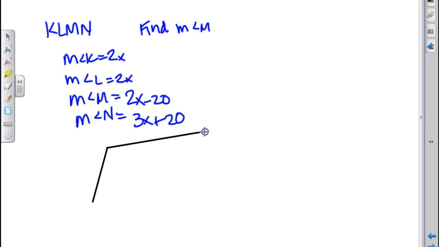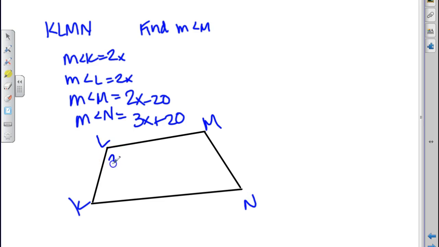You guys know I'm going to draw a picture, right? Random quadrilateral. K, L, M, N. 2x, 2x, 2x minus 20, 3x plus 20.